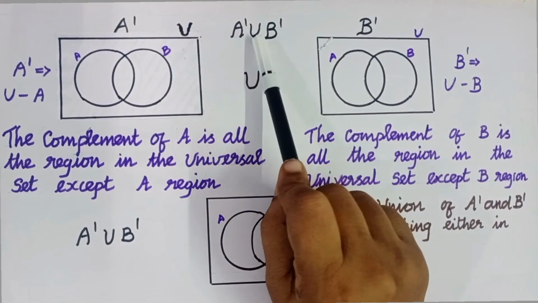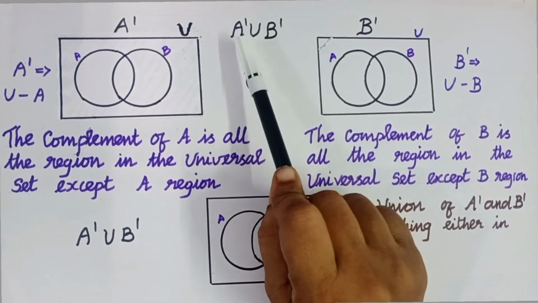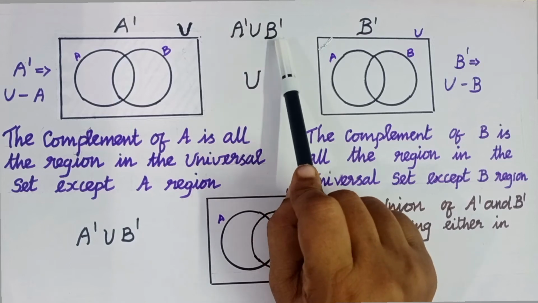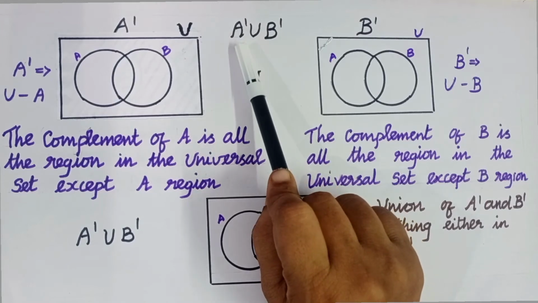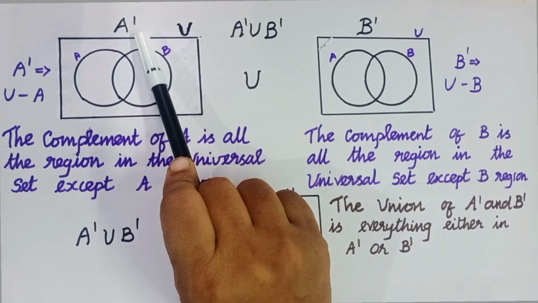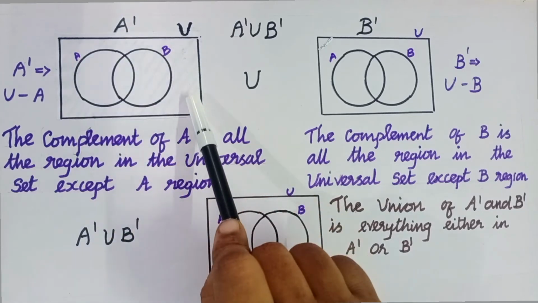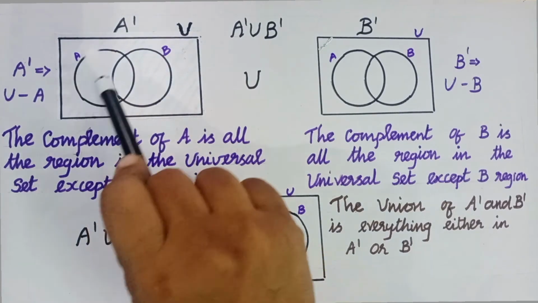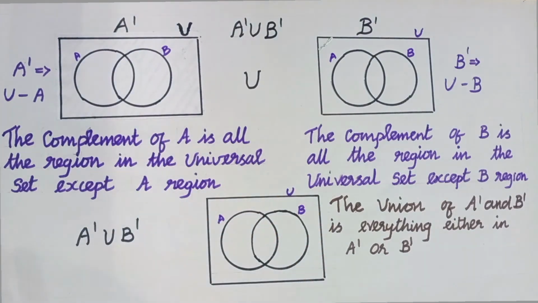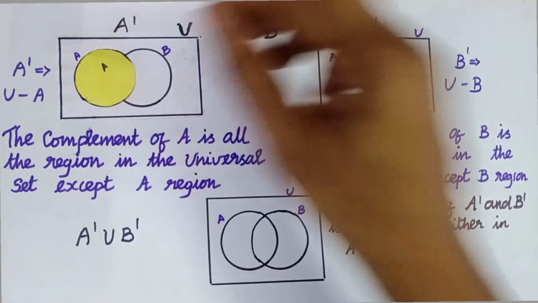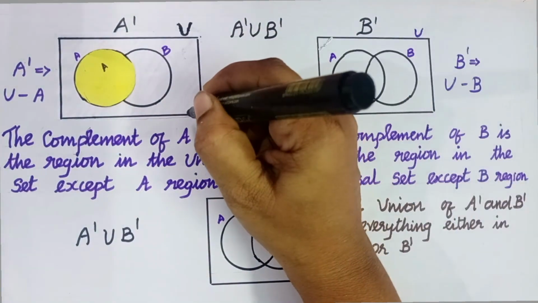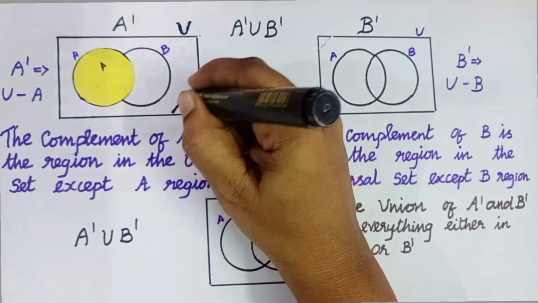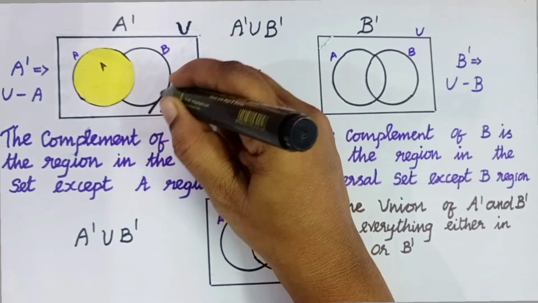A dash union B dash, that is A complement union B complement. Here first we have to shade the A complement region. A complement region means we have to shade the universal set except this A round. So remove the A round and shade all the region in the universal set.